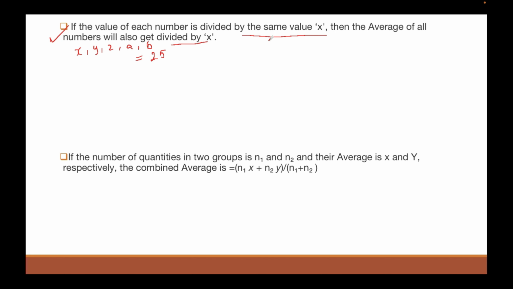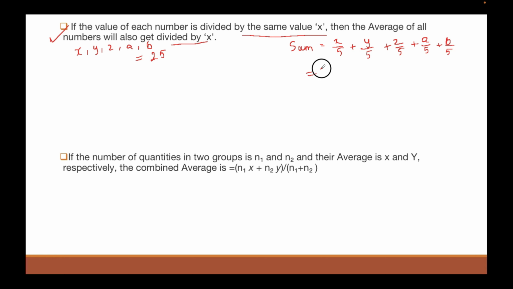So what should be the new sum? I have to calculate the sum, right? The sum would be x by 5, because each of the numbers is now getting divided by 5, plus y by 5 plus z by 5 plus a by 5 plus b by 5, right?